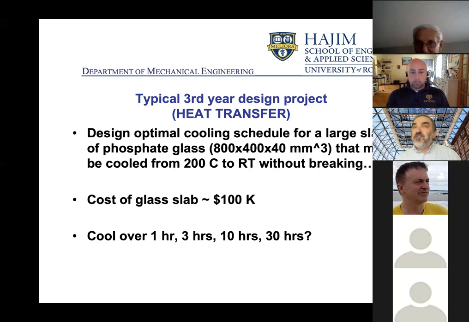So this big slab of glass costs on the order of $100,000. So it costs as much as it costs to buy a house in, I don't know, in Greece or in Webster or in Brighton. Very expensive piece of glass. We cannot afford to break this piece of glass. How do I best thermally cool this piece of glass? Again, this is a design project that we give to students in the third year class.